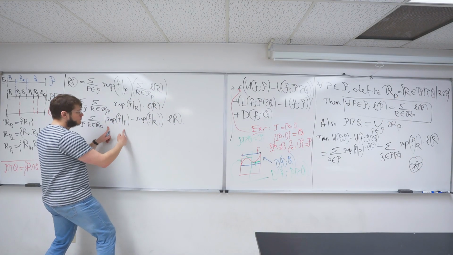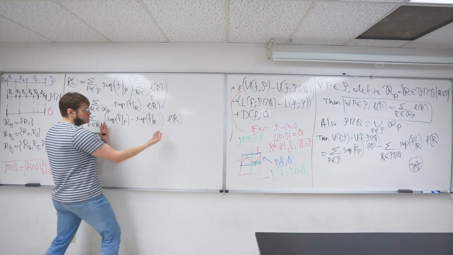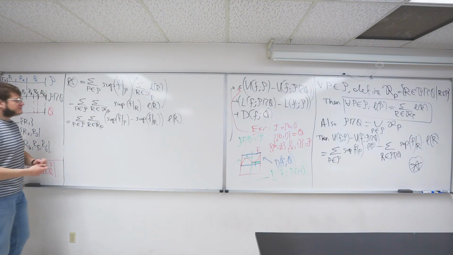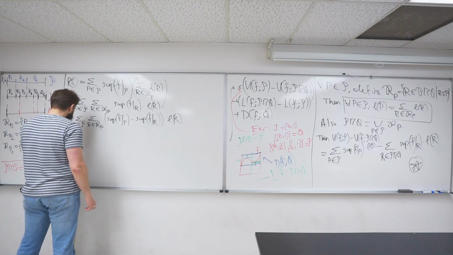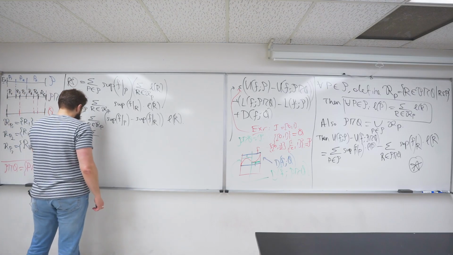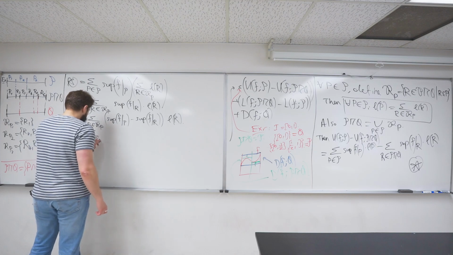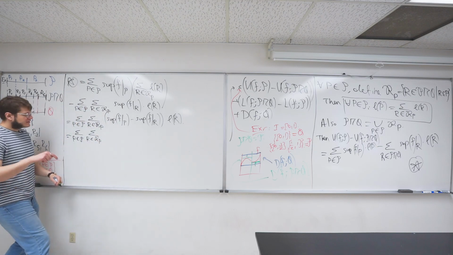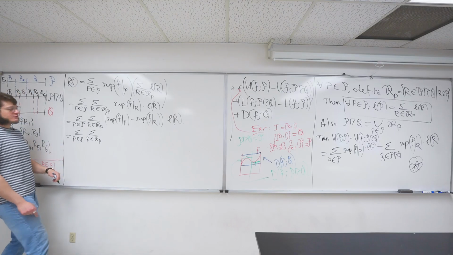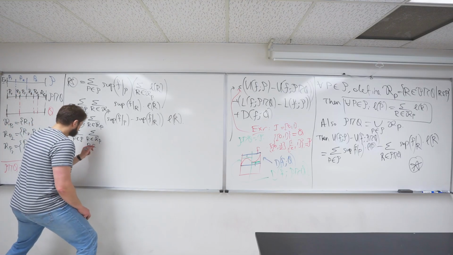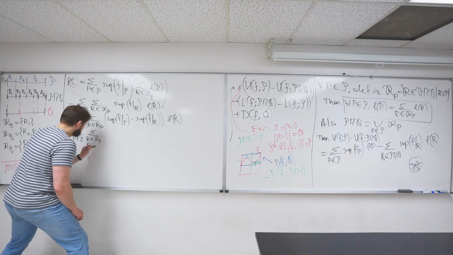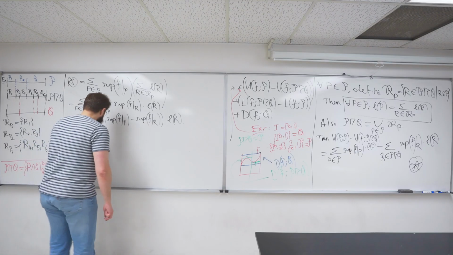If R were equal to P, I'm just taking the sup of the same thing. And so this sum, in fact, I can take over this with the added hypothesis that R is a proper subset of P. So R is not equal to P.